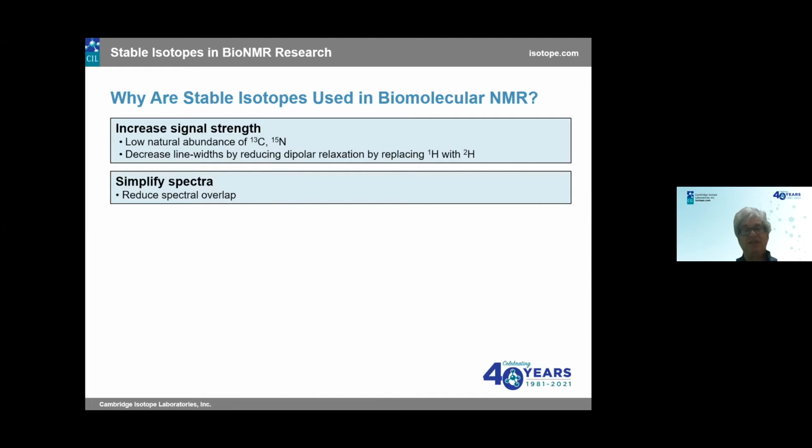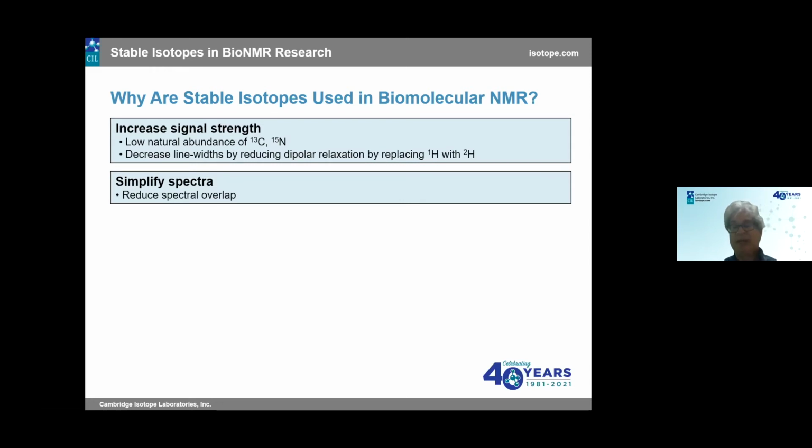And stable isotopes are used to simplify spectra. As the molecular size increases, the number of resonances also increases, and so does the problem of spectral overlap. Stable isotope labeling can help reduce the complexity of spectra in a few ways. One method to simplify spectra is to use amino acid selective labeling.